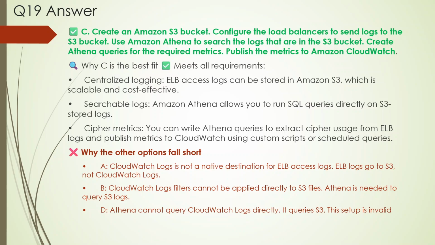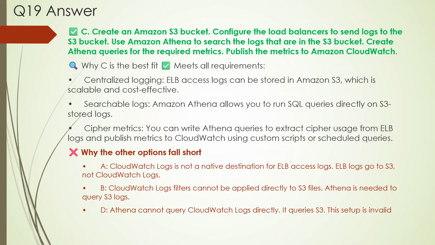Create an Amazon S3 bucket, configure the load balancer to send logs to the S3 bucket. Use Amazon Athena to search the logs in the S3 bucket. Create Athena queries for the required metrics. Publish the metrics to CloudWatch. C is best because of centralized logging: ELB access logs can be stored in Amazon S3, which is scalable and cost-effective.